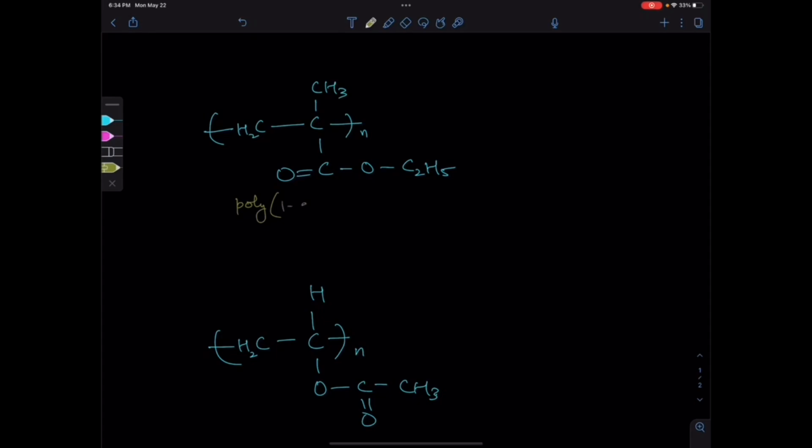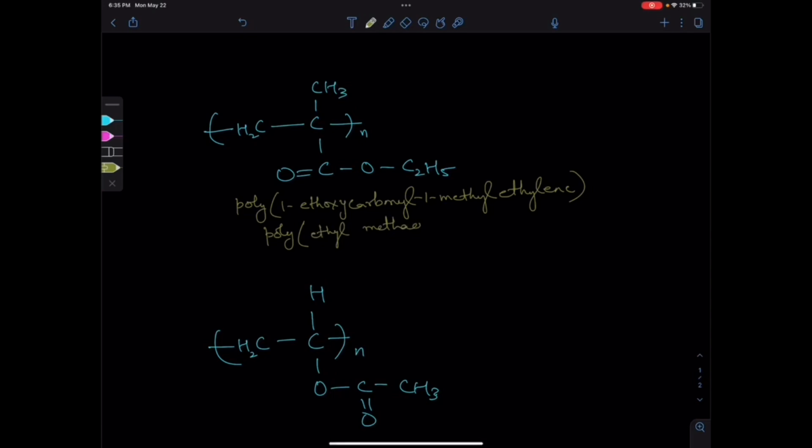So the ethoxycarbonyl group goes first. 1-ethoxycarbonyl, 1-methyl ethylene, or polyethyl methacrylate. Methacrylate because there is a methyl group.